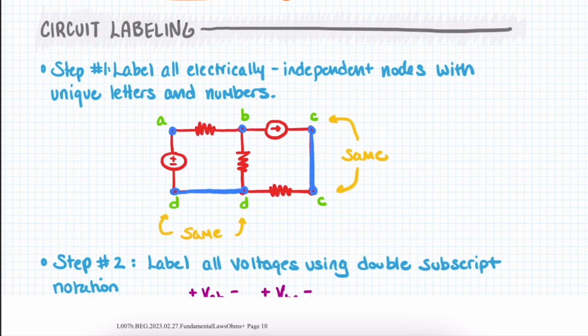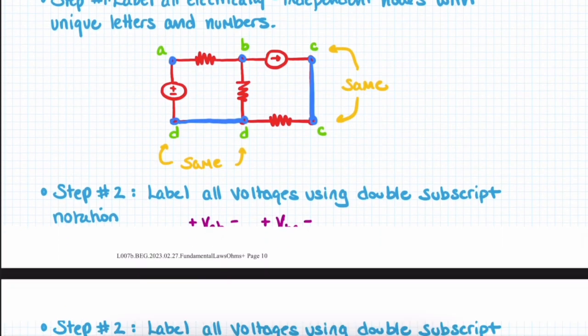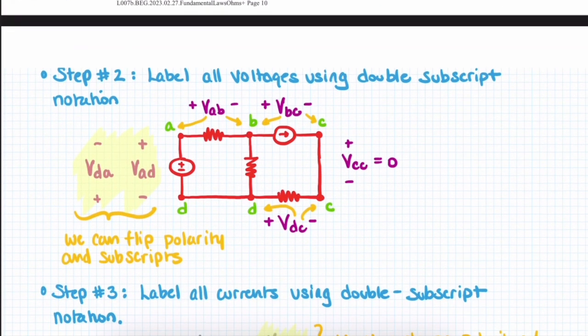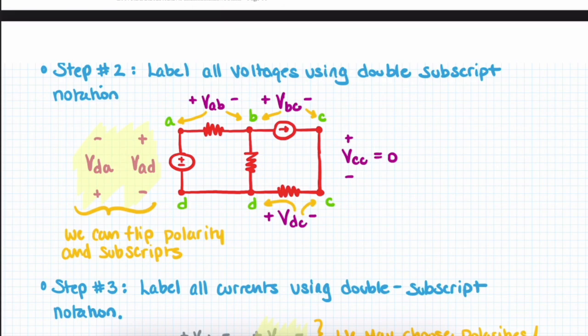Okay. Now, the nice thing about labeling in this way is now we can use the double subscript notation to refer to lots of values. So let's say we're concerned with the voltage between here and here. We can refer to that as VAB, which would be equal to negative VBA.